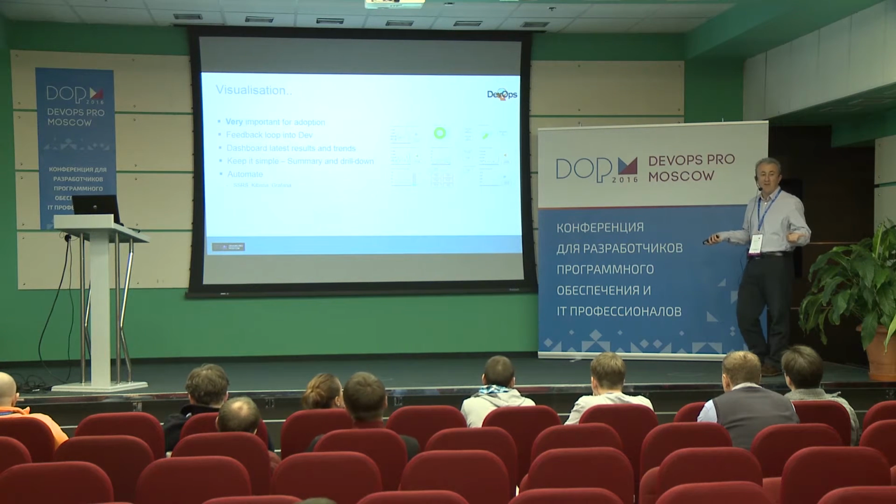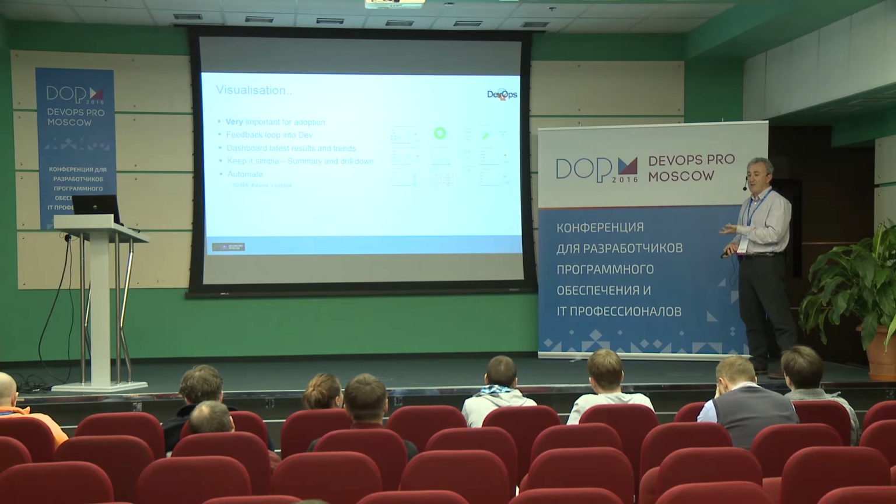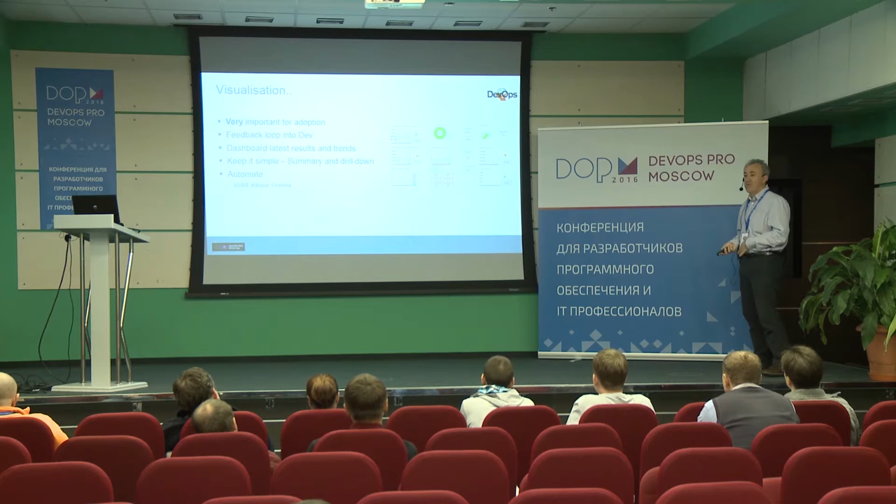Sometimes it doesn't happen because people don't see the value in what you're trying to do. So this is very, very important. It doesn't just apply to performance testing in dev. Any new process, any new anything you try to introduce, has to have demonstrable value. And the best way to do that is to have a nice dashboard. It's just something real, tangible, people can look at. I think that's really, really important.